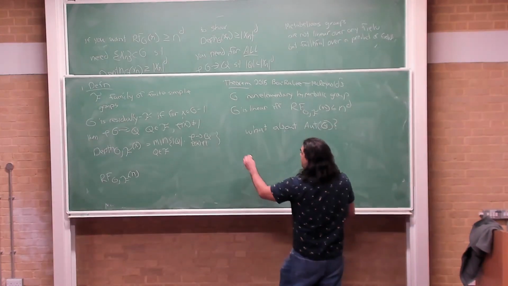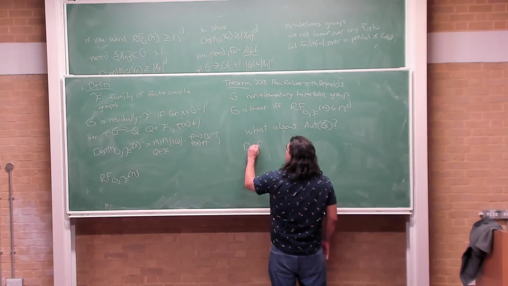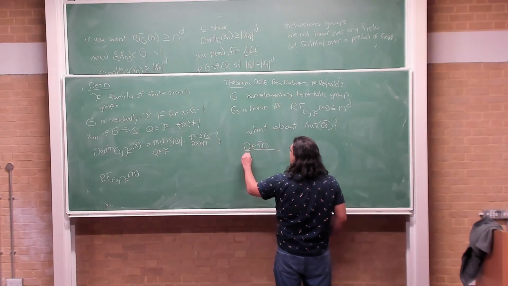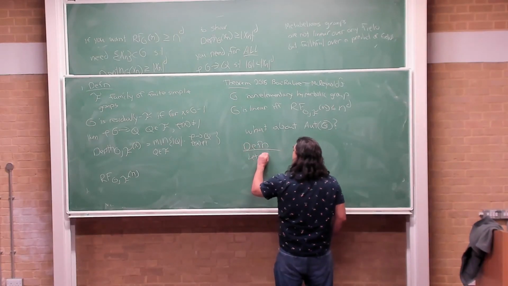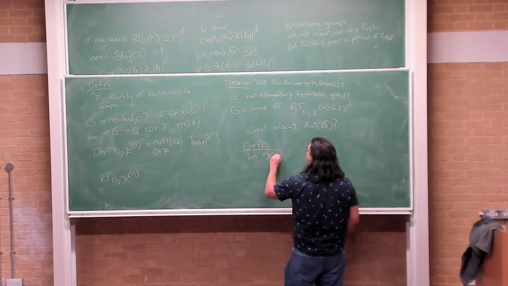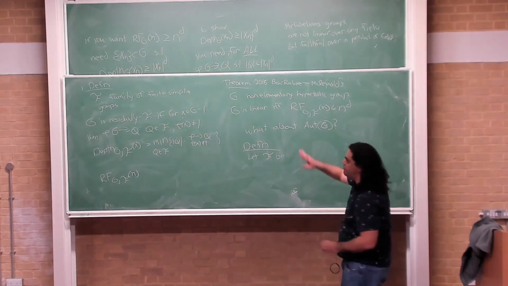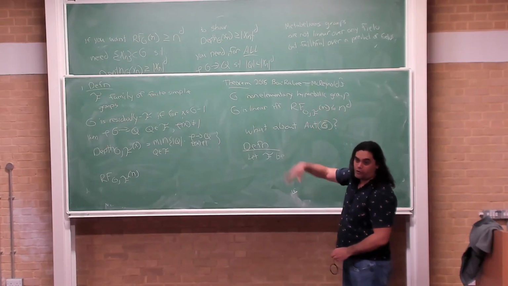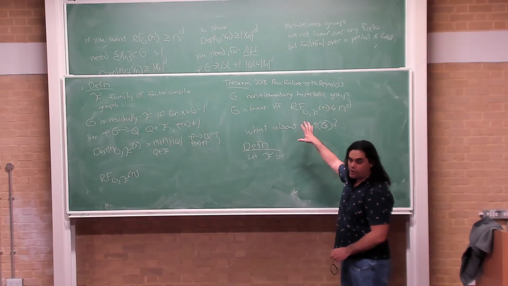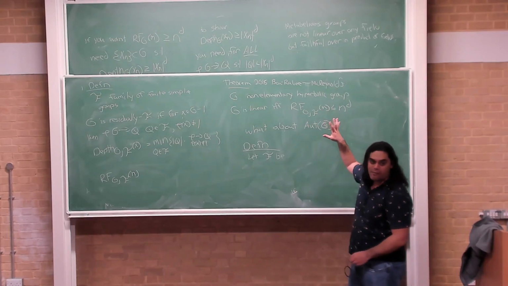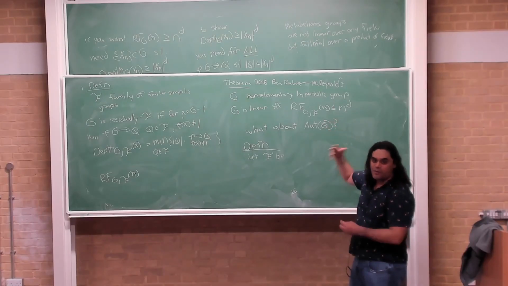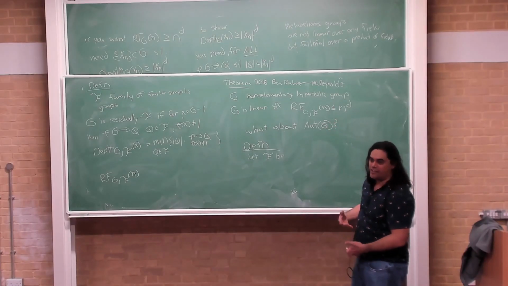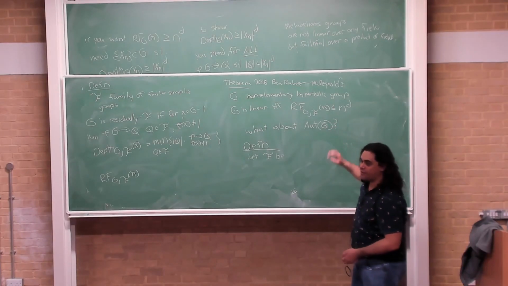So as before, let F be a family, and I'm going to restrict my family a little bit now. Instead of all finite simple groups, we're going to throw out the alternating groups, the sporadic groups, and any mystery groups that may be hiding, assuming you don't know the classification of finite simple groups. I believe it, but let's not worry about it.